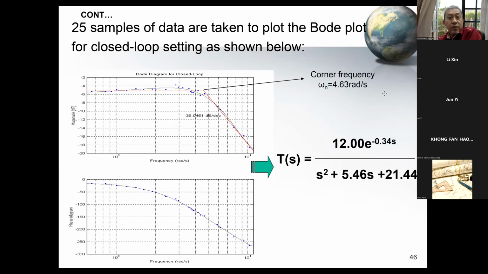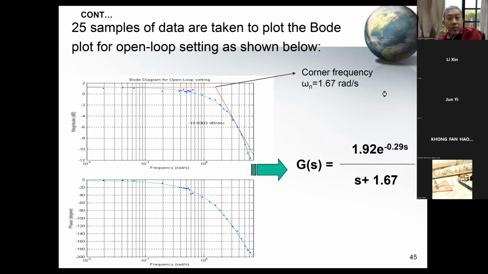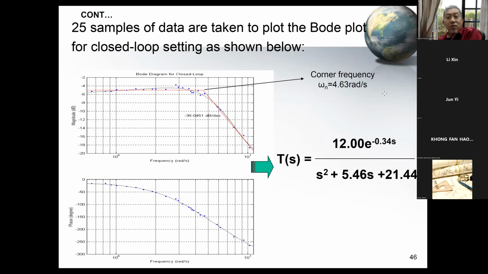So this one is the open loop setting, first order, but for closed loop settings, it will give you a second order system. So you can see the observations from the data from the experiments. This is the omega n.